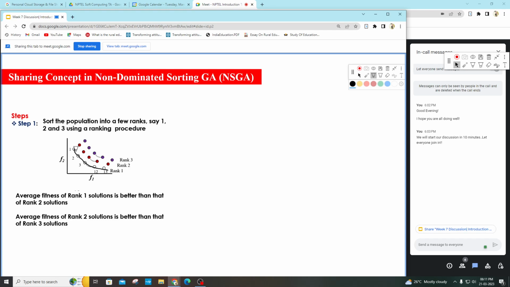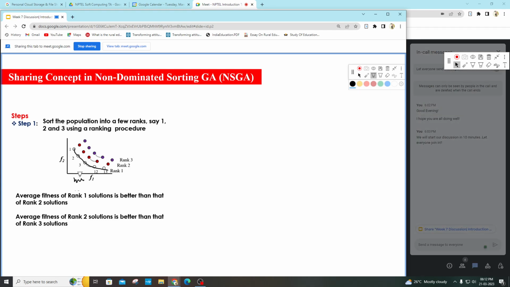We cannot say that 1 is dominating 2, or 1 is dominating 3, and similarly the reverse, we cannot say 3 is dominating 1, because here we have to minimize both f1 and f2.